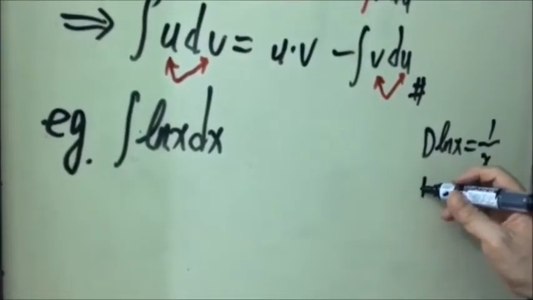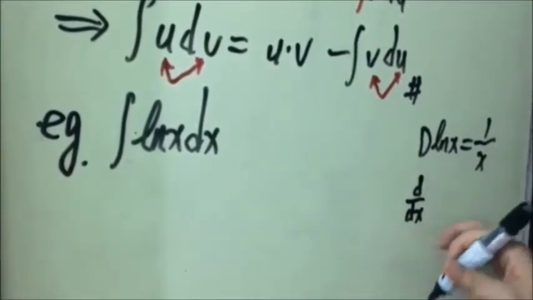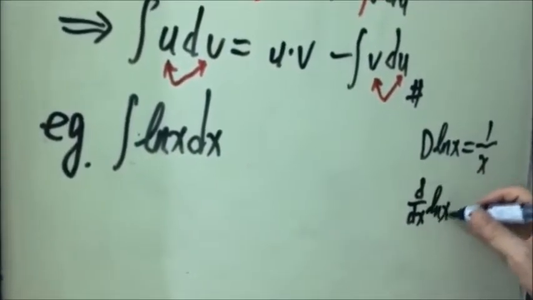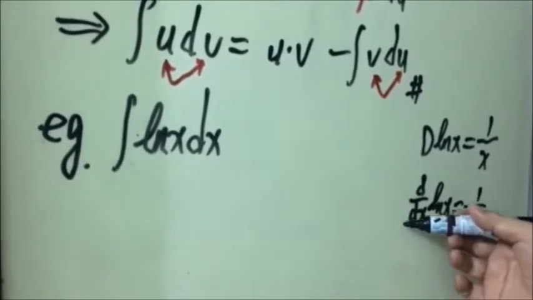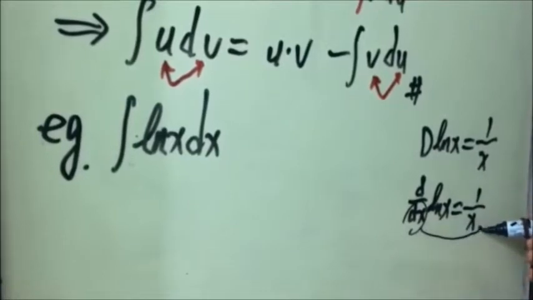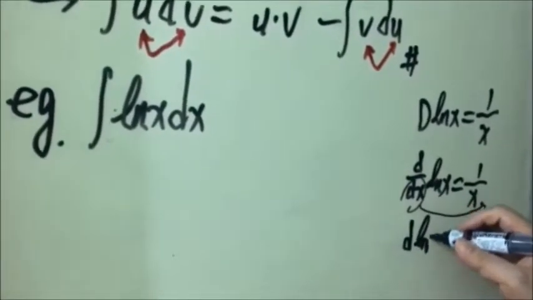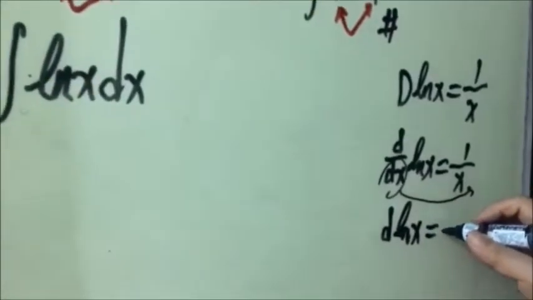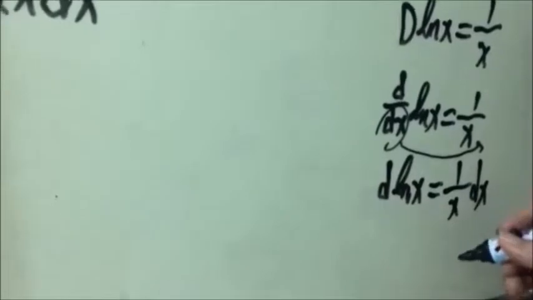In this semester, we use Leibniz notation for differentiation, so the formula becomes like this, and we move the dx over as a differential of x. So the differentiation formula becomes d ln x equals 1 over x dx.